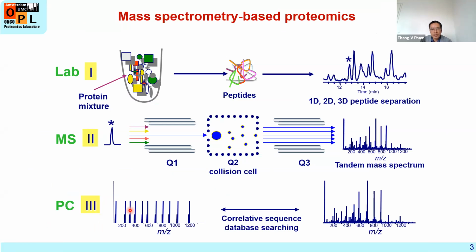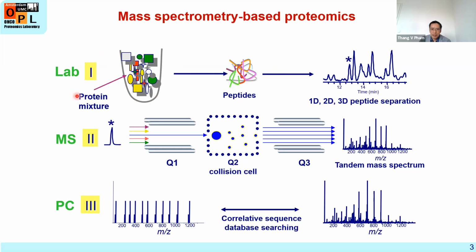So the technology that we'll be using is called mass spectrometry, and this is a little bit outdated figure, but it gives a very good overview of the technologies that we're using. In the first step in the lab, we have protein mixtures, and these are digested into peptides, and it can go through 1 or 2, even 3 steps of separation before it goes to the mass spec.